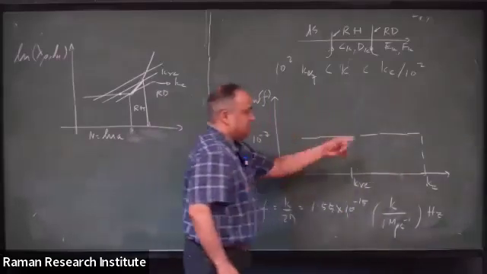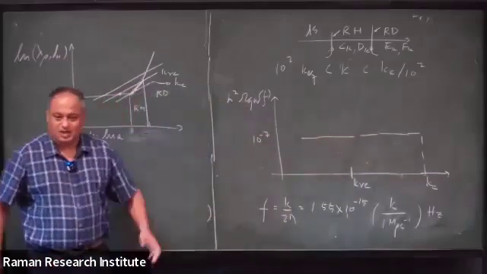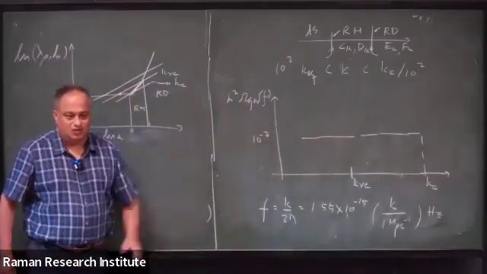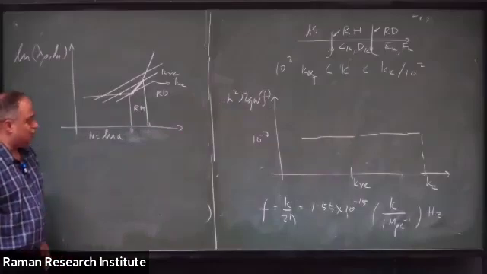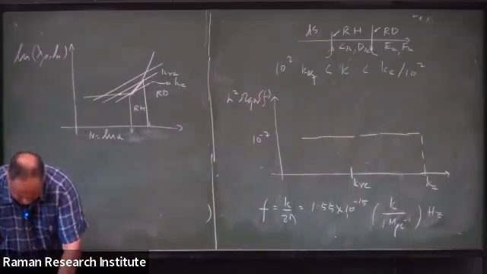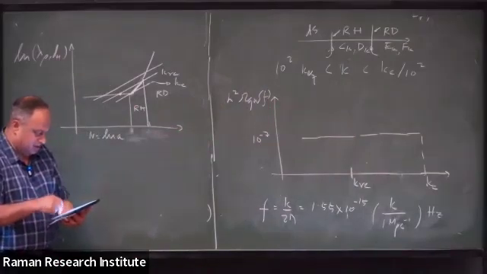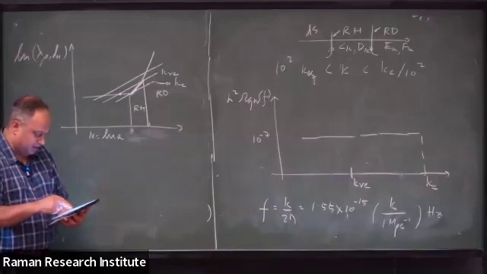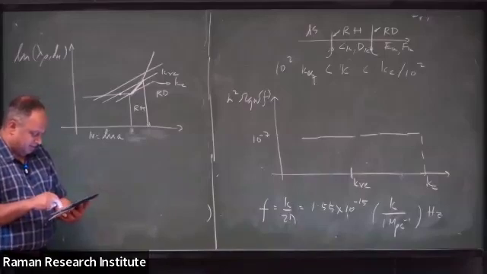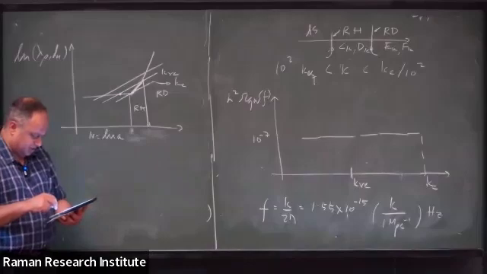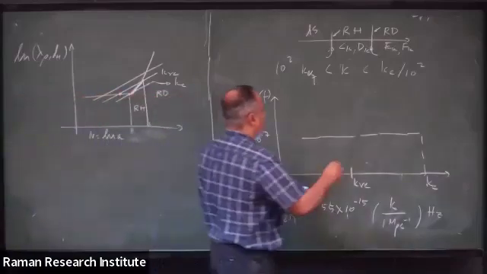Over this epoch, there will be an effect of the epoch of reheating. What you can show is that all it does is that it introduces a tilt in this omega GW, the spectral density of gravitational waves, and the tilt is given by this expression.